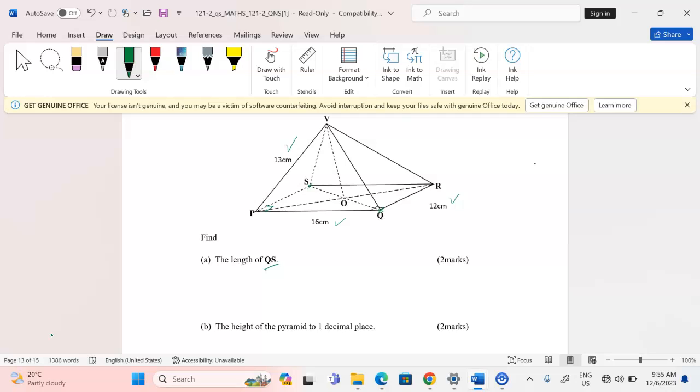Because the base is a rectangle, you can see that there is a right angle at P on the base. Considering the right angle there and PS being 12, which is the width of the rectangle, we can use Pythagoras theorem.